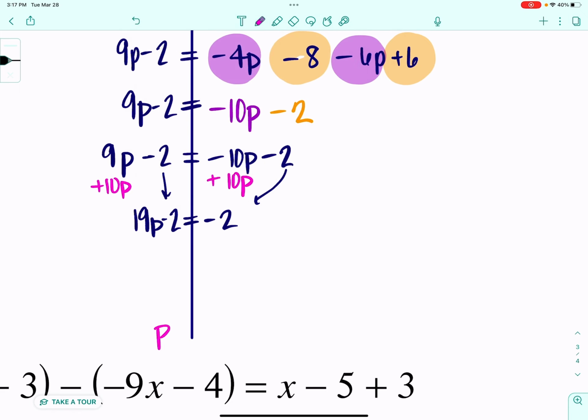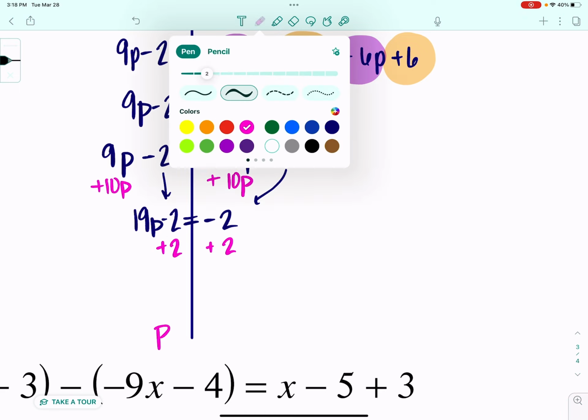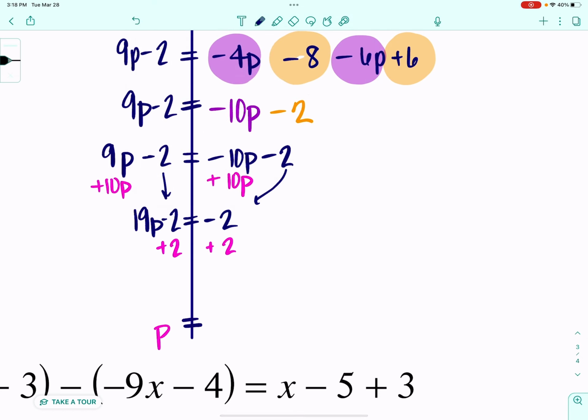Now I'm ready to move this negative 2 to the right side. It's subtracted, so I am going to add it. Negative 2 plus 2 is 0. Hang on. I got a little too excited.